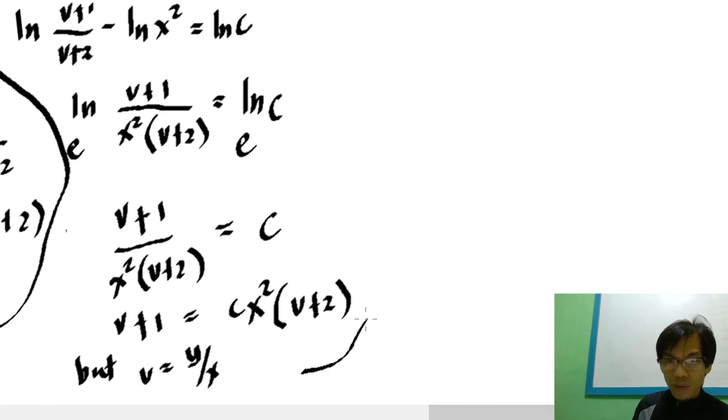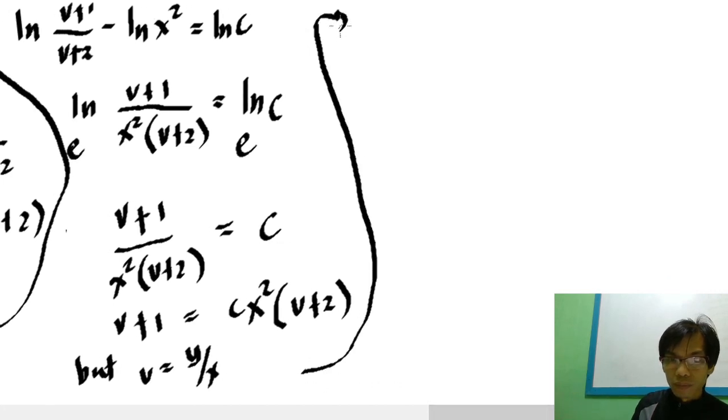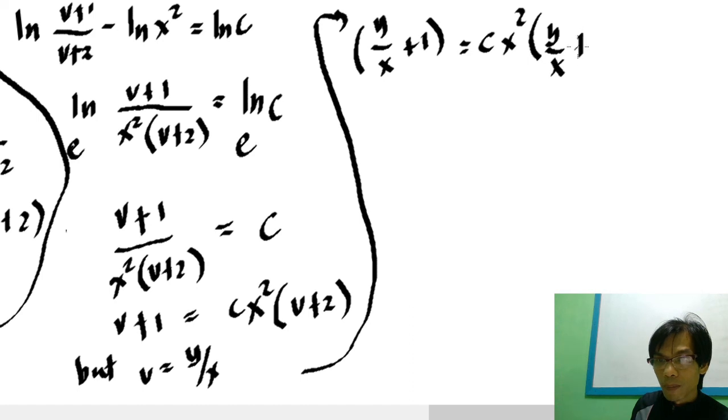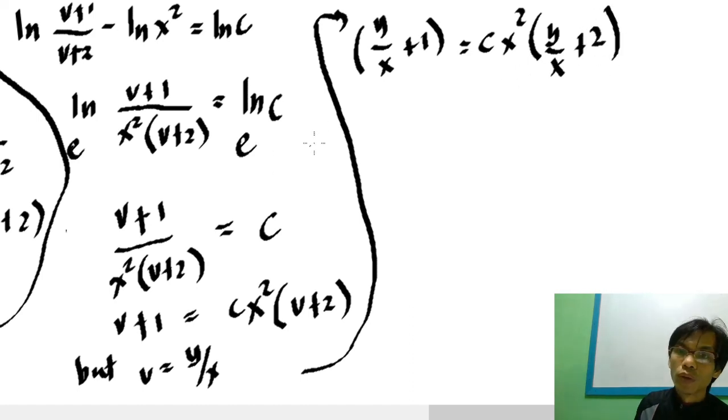So if we try to substitute on the solved function, we have y over x plus 1 equals c x squared, and then y over x plus 2.